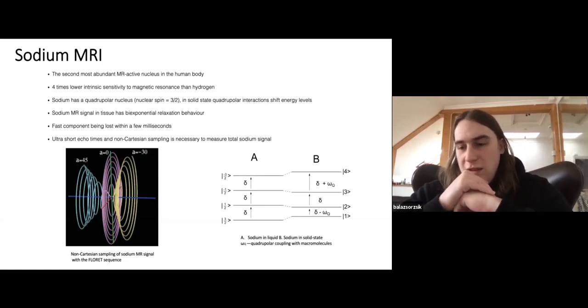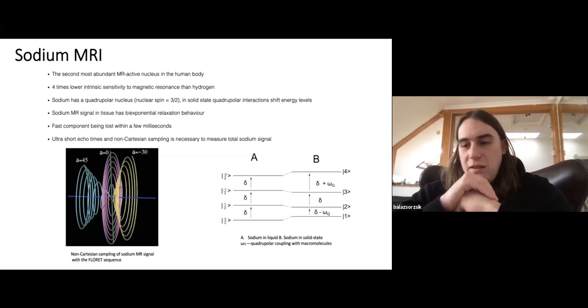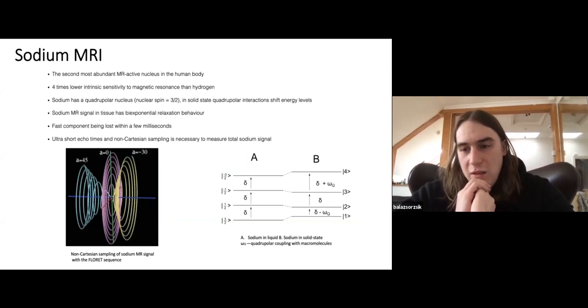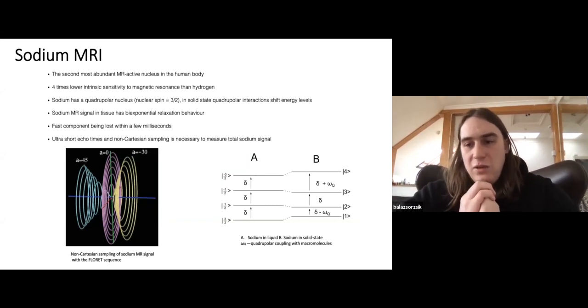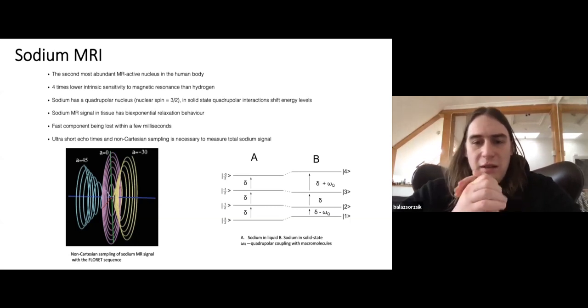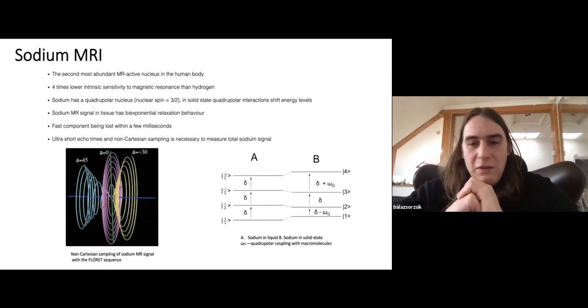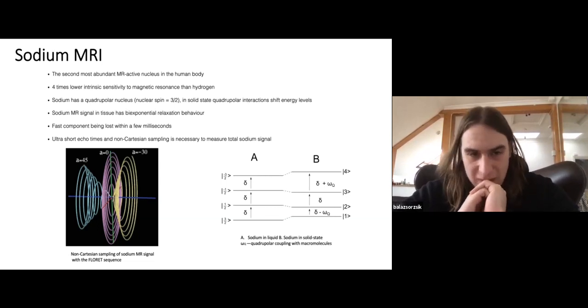However, improvements like higher field strengths, like 3T scanners, and now they went even higher, and improved gradient coils and electronics allowed us to make more reliable sodium measurements. Another thing that is very different in sodium MRI is how the image is sampled.